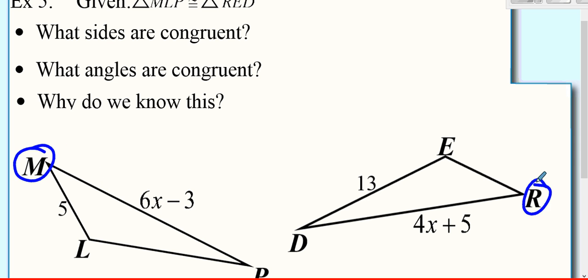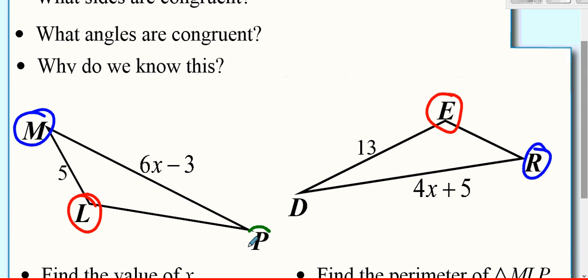M goes with R. L, we just said, goes with E. And then P would match up with D. So it's important that you know which letters go with which, because that's how you're going to name everything.